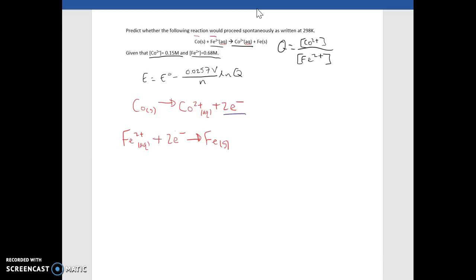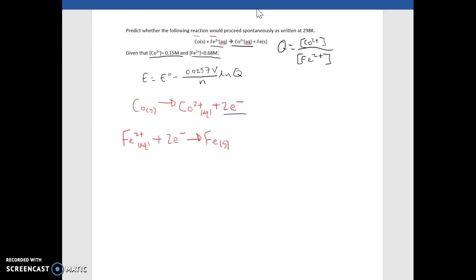Since the charge for our iron solid is 0 and for our cobalt solid is also 0, we want to cancel out this 2 plus, and on both sides we have to add 2 electrons to balance both equations.